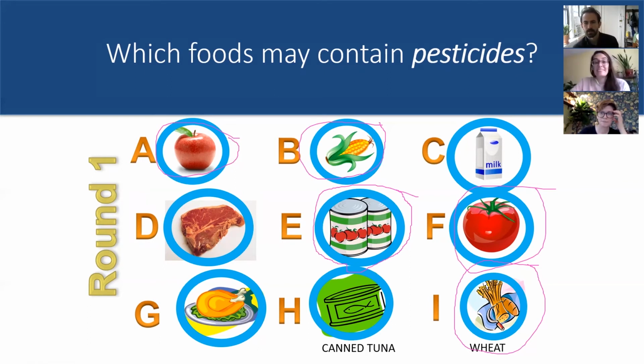Yes, exactly. In terms of canned tuna, as you may or may not know, tuna is not commercially farmed for food, but rather it's caught where it lives, in the deep sea, in the ocean. So you might be wondering, how could pesticides be making their way all the way to these tuna?